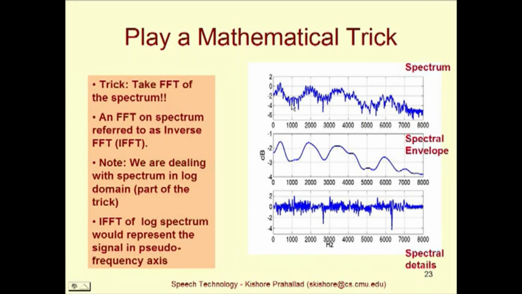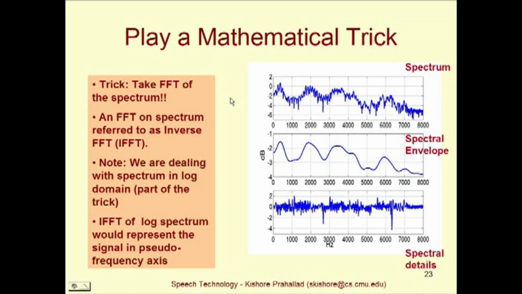So in a moment I'll explain how we can do that. If you take an FFT of the spectrum, then it is referred to as inverse fast Fourier transform, that's where it is denoted by IFFT. So typically if you have a spectrum and then if you take an IFFT, it will give you back the speech signal in time domain.